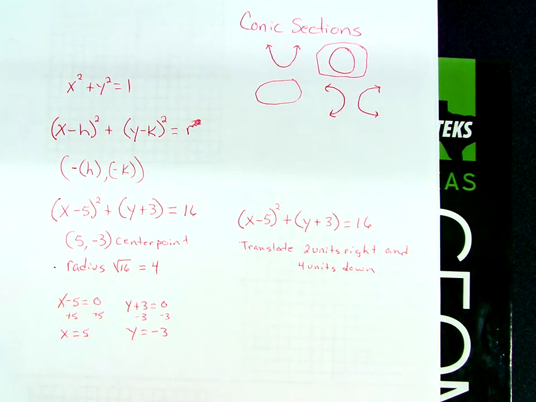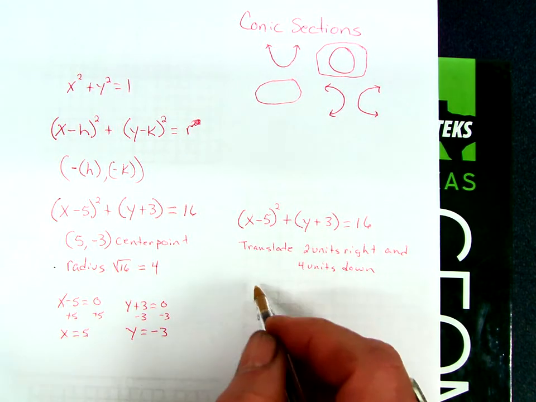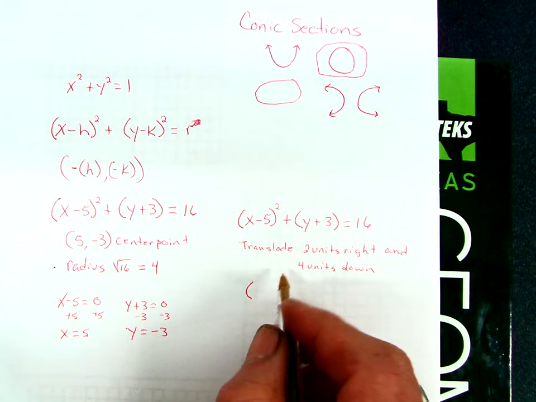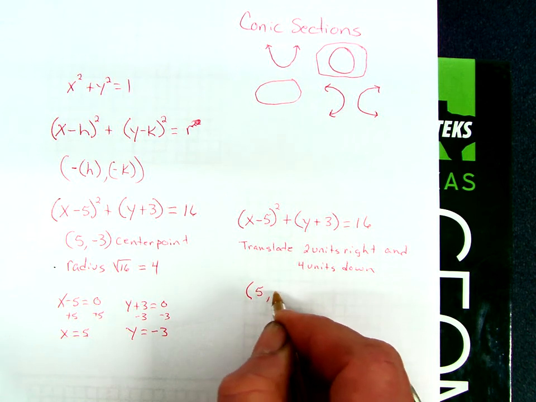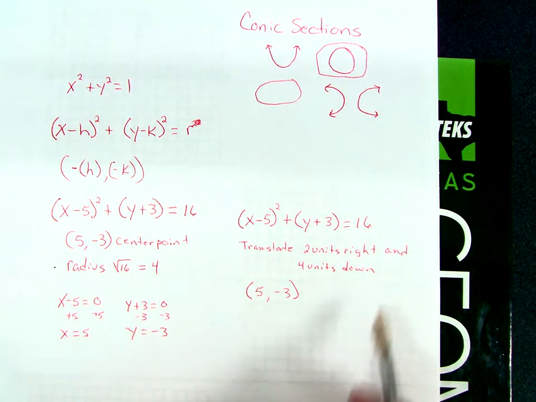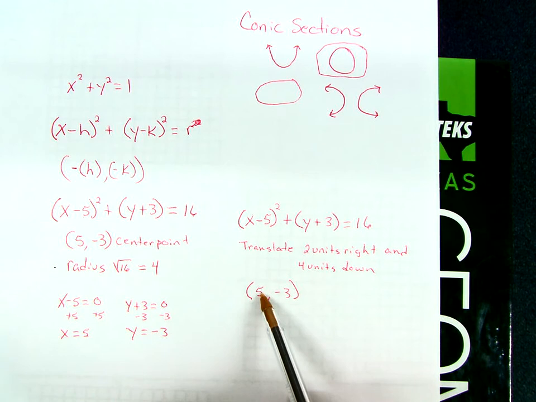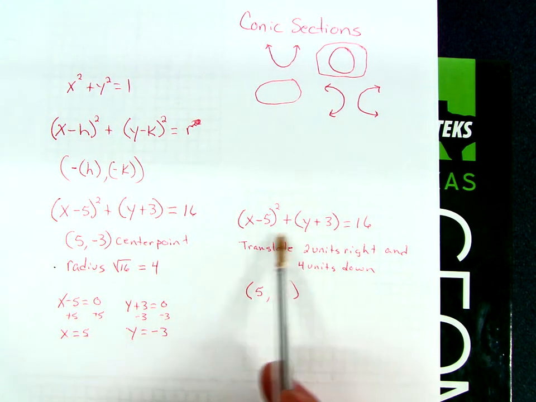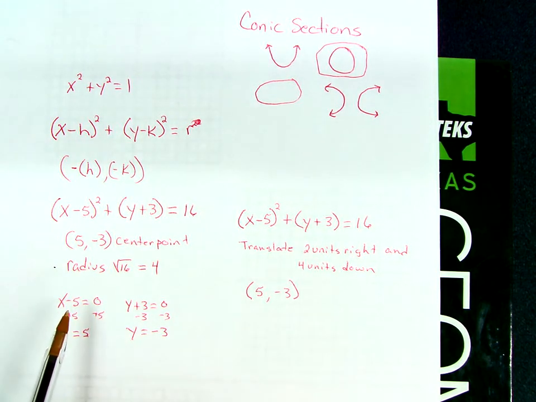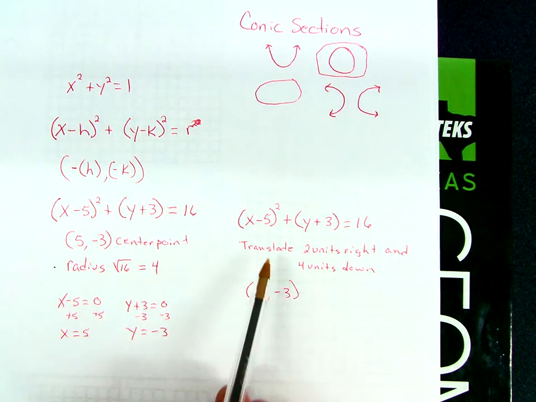There's a couple of different ways that you can do this. First, you could just go ahead and get the center point, 5, negative 3. Okay, it's the x value that makes it move left and right. It's the y value that makes it move up and down. Remember, this is backwards in our thinking when we're thinking about the standard equation.